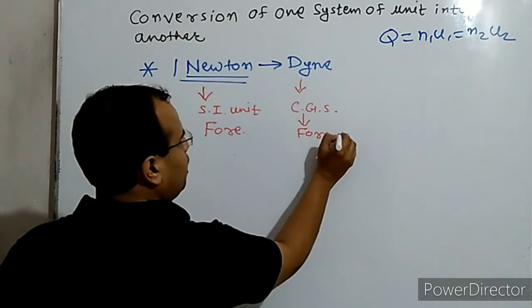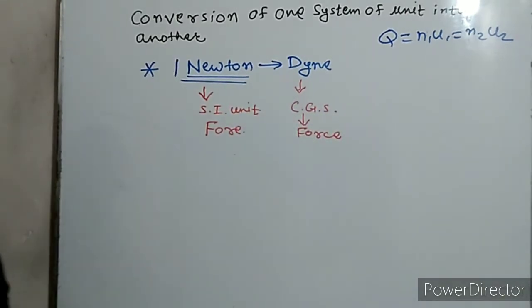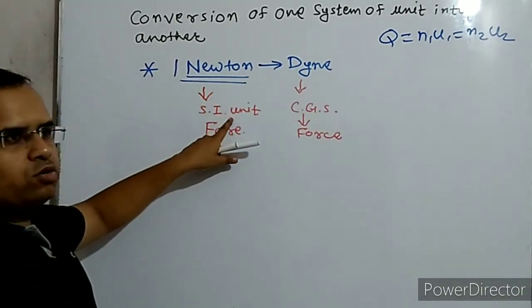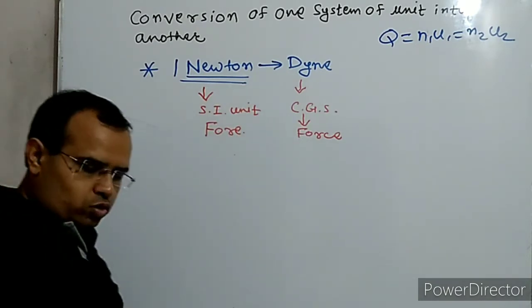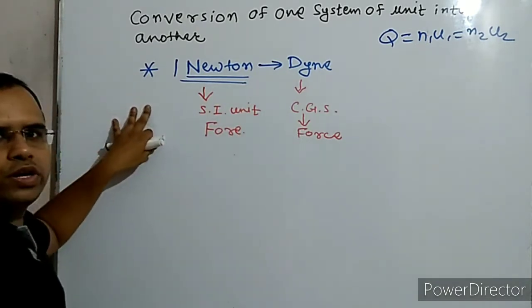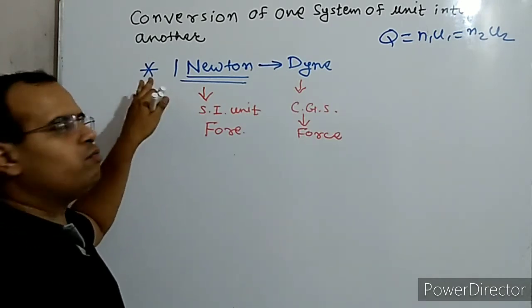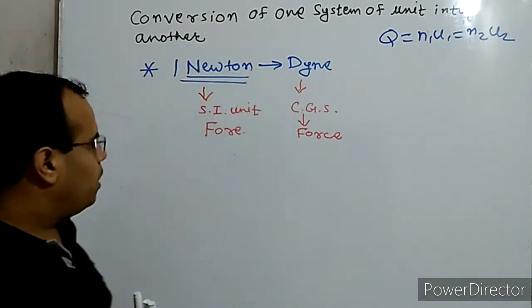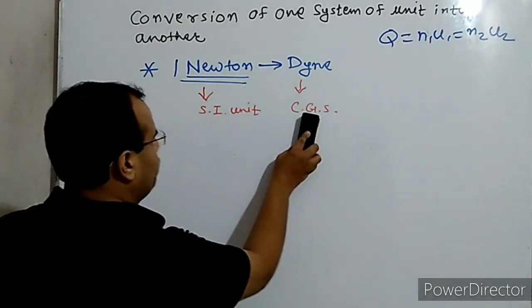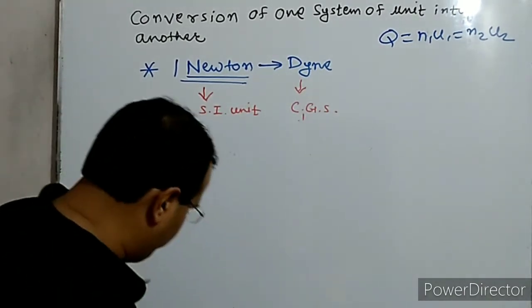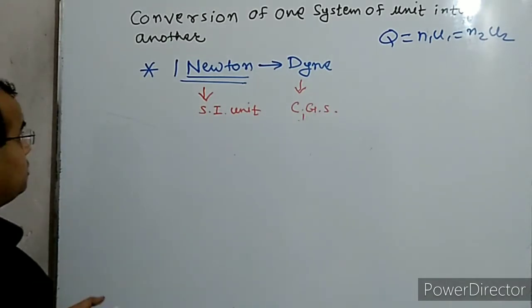So both of them are actually the units of force. One is SI unit and another is CGS unit. So basically what we are going to do is convert force from one set of unit to another. Now let us see how we are going to do this. For this, we will be doing it like this.